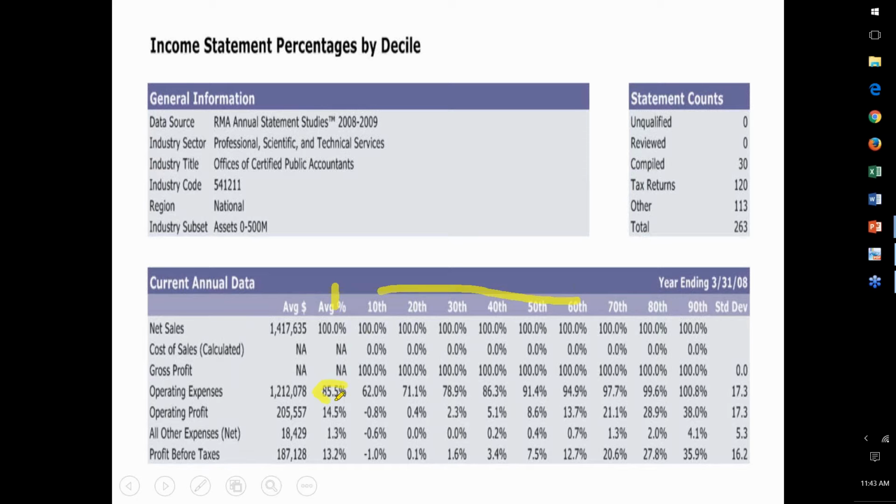So the operating expenses is 85%. That's average. If your subject company was 85%, you would say, look, I'm average. But look what happens over here. The median number is 91%. If you have a median of 91% and an average of 85%, 6% of your dollars is a difference in operating expenses.